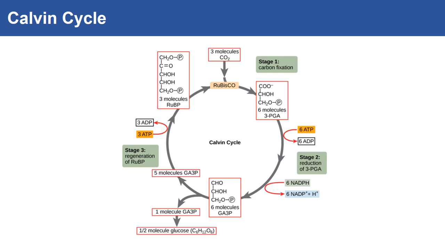The molecules ADP and NADP+ are the result, and they are returned to the light reactions to be re-energized. One of the G3P molecules leaves the Calvin cycle to contribute to the carbohydrate molecule, commonly glucose.